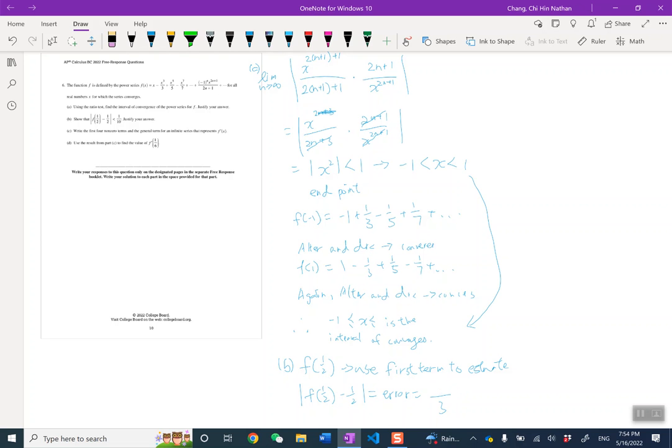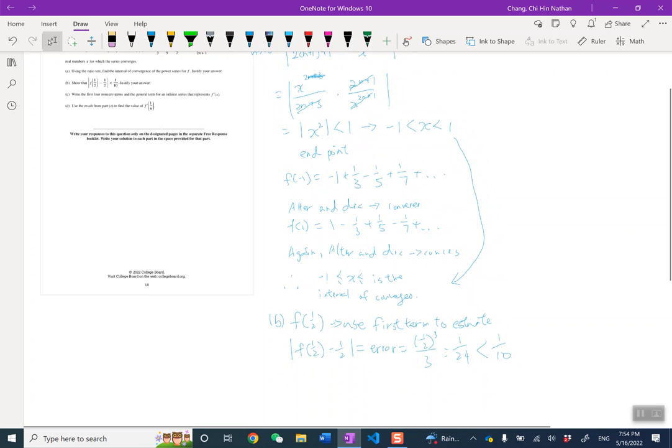And for x, what we want to estimate is 1 over 2. So we do 1 over 2 to the power of 3 over 3, which equals 1 over 24, which is less than 1 over 10. And this is given by the answer.